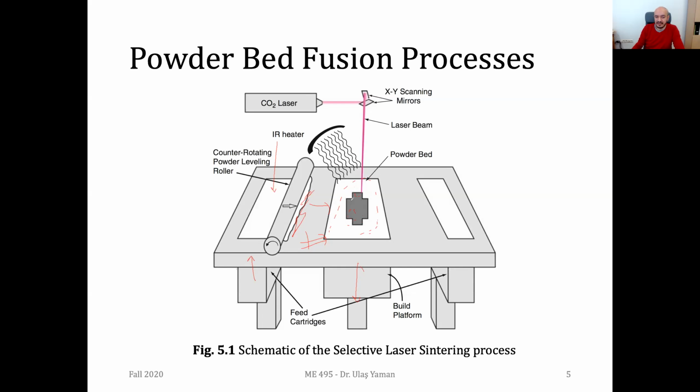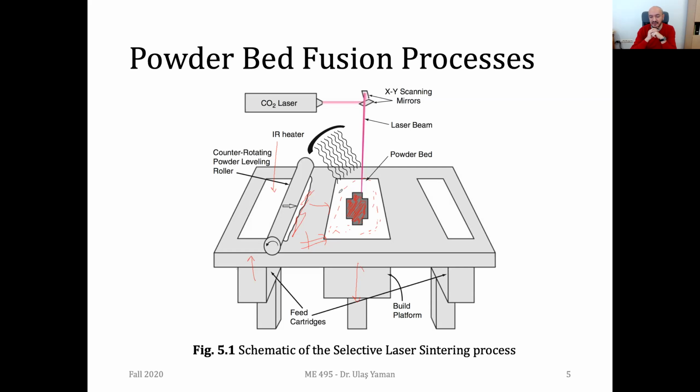Another similarity with respect to the SLA is that the interior is filled with powders. It's completely filled. We don't have any infill percentages like in the case of FFF. And another main difference is that the remaining parts of the chamber are also filled with powder. They are not sintered together, but we use them to fill the chamber.